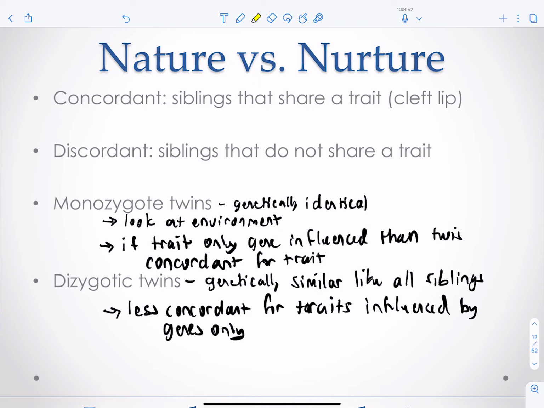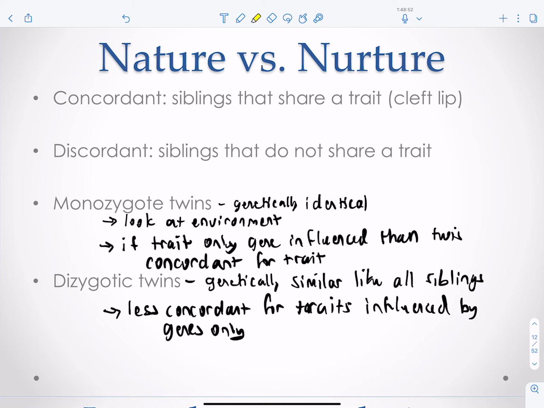The lower the concordance between monozygotic twins, the more likely it's going to be influenced by environment. And monozygotic twins, when they reach adulthood, typically go off to different environments, and that's where these multifactorial diseases really take shape. Some monozygotic twins might go into a more stressful environment and have higher blood pressure, and then the other twin might go to a more relaxed environment and not have higher blood pressure. So you can look at the influence of the environment, for example.